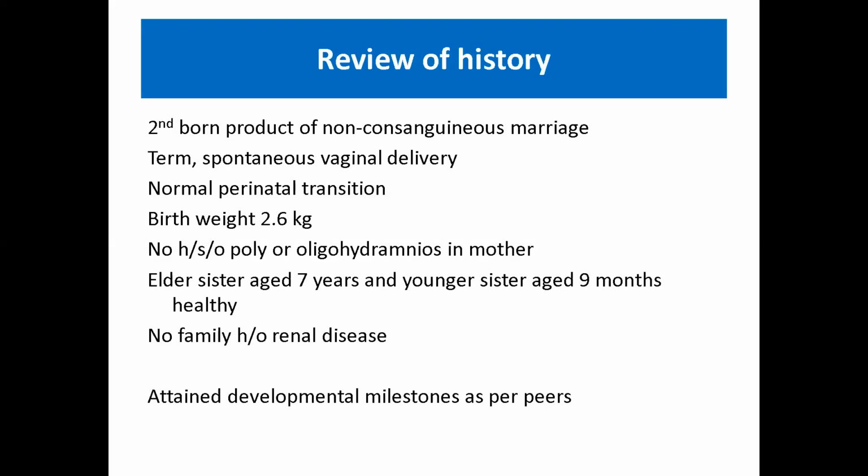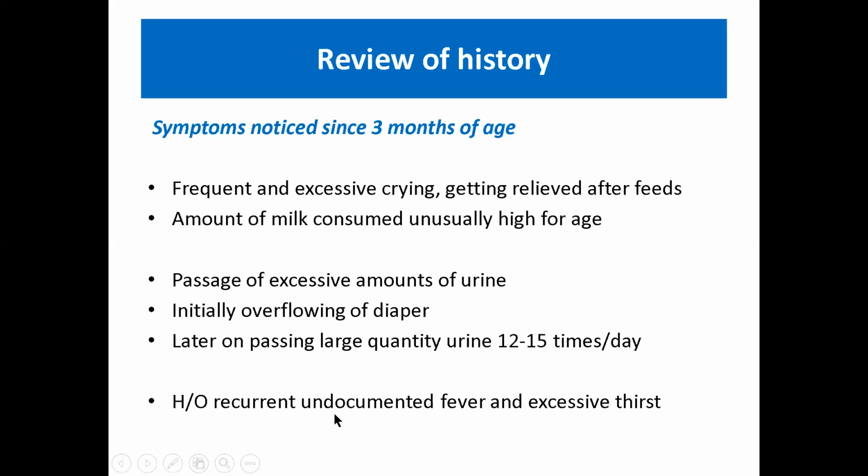His antenatal and perinatal history was absolutely normal, and he was developmentally normal. The symptoms which were noticed at 3 months of age were typically excessive crying, which used to get relieved after feeding, passage of excessive amount of urine, and the mother characteristically noticed that the diapers were really heavy with urine when he was an infant.